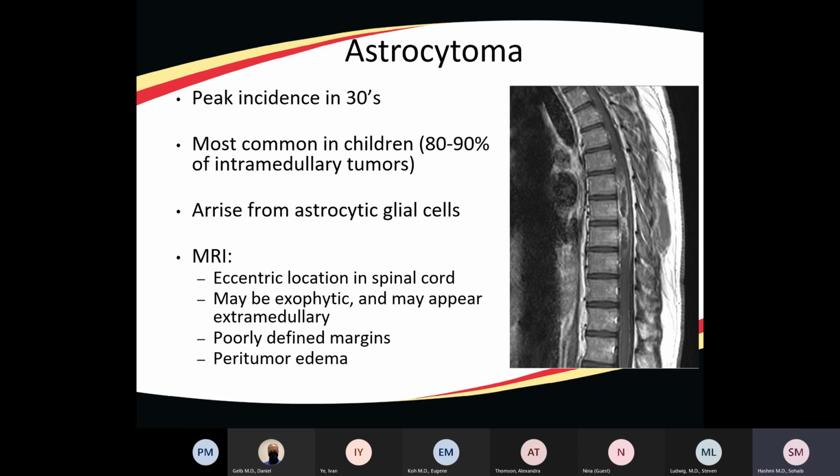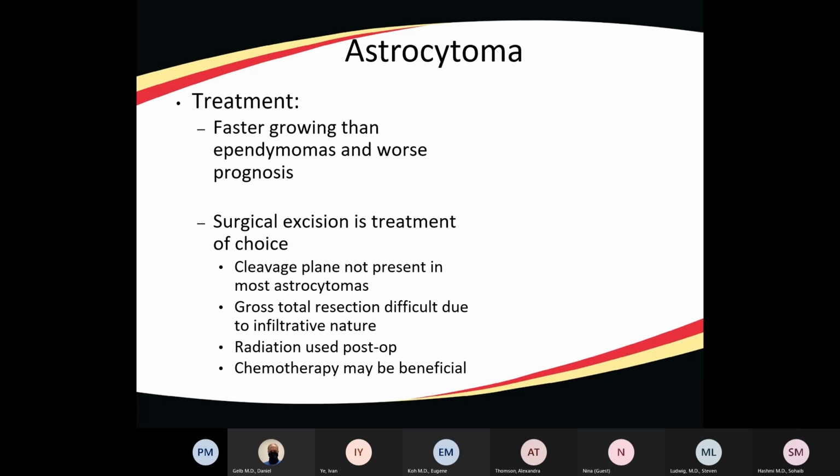And so that differentiates it in its overall outcomes compared to ependymomas. They also are faster growing. And so because total resection can be a little bit more difficult compared to the other intramedullary tumors, radiation is used as well as chemotherapy in some patients post-operatively.